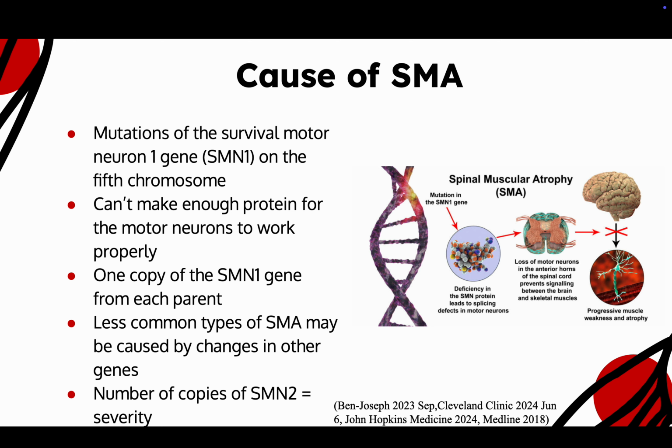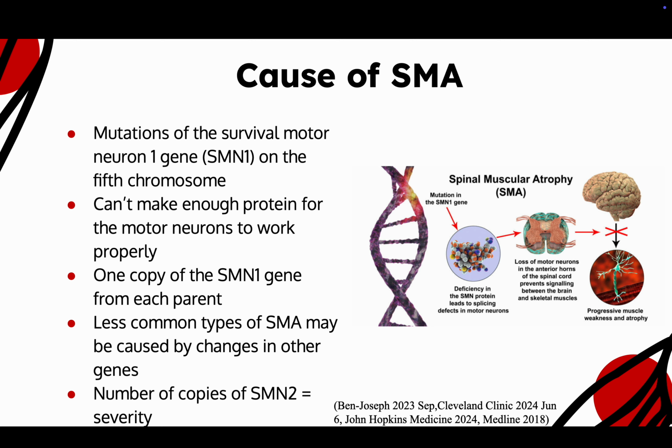One copy of the SMN1 gene is received from each parent. In a child with SMA, both genes will be mutated. If a child gets one healthy gene from a parent and one mutated gene from the other parent, they probably won't show any signs of SMA, but they could pass the mutated gene to their children.